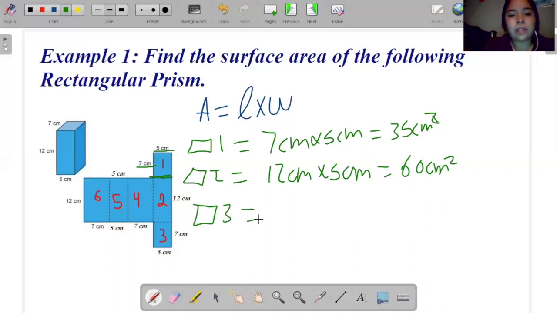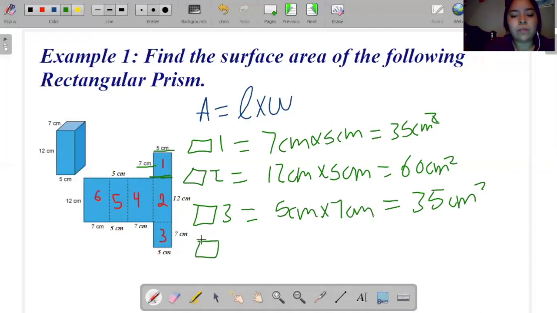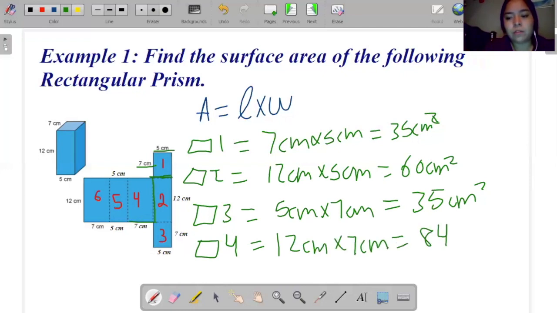That's again 7 centimeters times 5 centimeters, which is 35 square centimeters. Okay, let's do rectangle 4. This is 12 centimeters times 7 centimeters, and that's equal to 84 square centimeters.